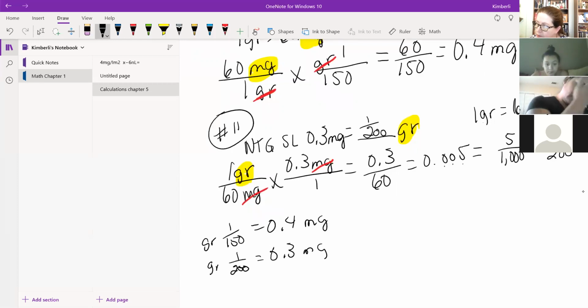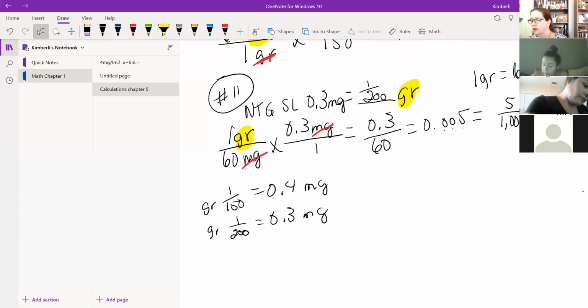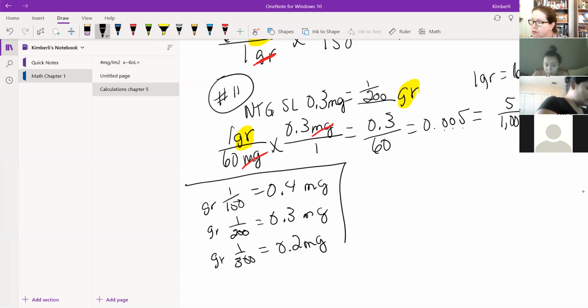And the other one is 1/300, which is 0.2 milligrams. Okay, so these are the strengths that are available of nitroglycerin.